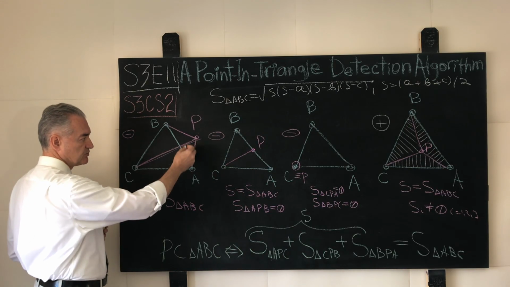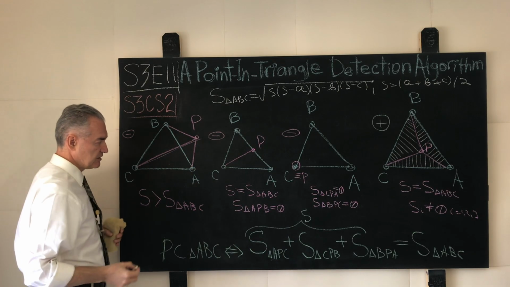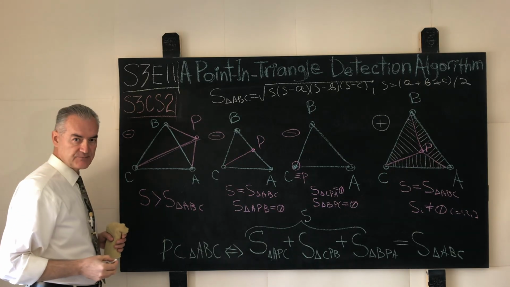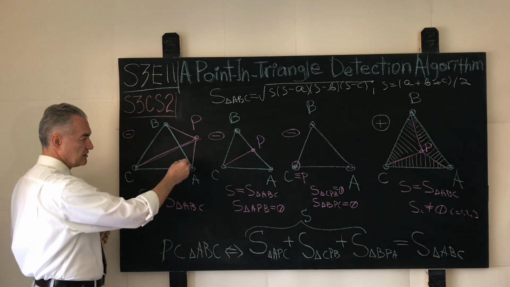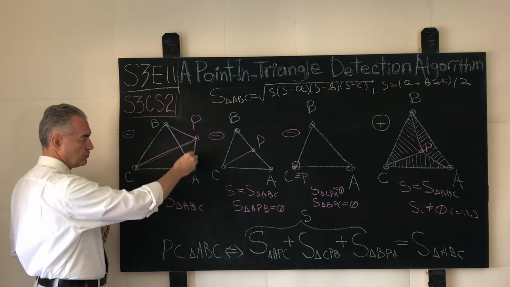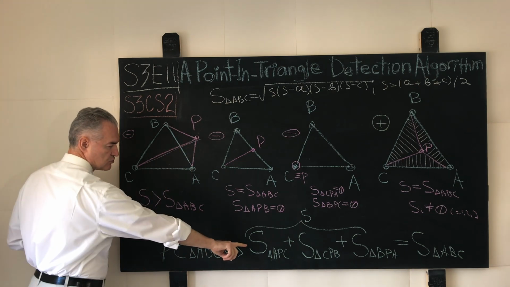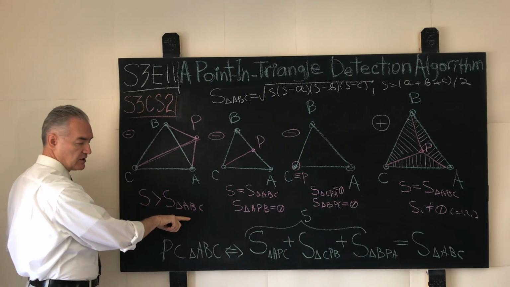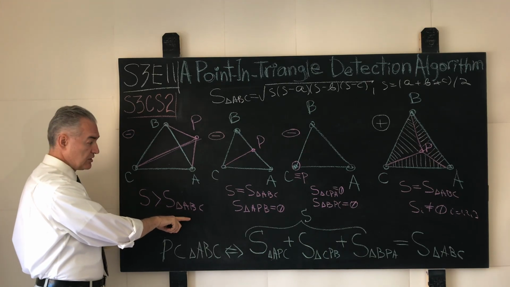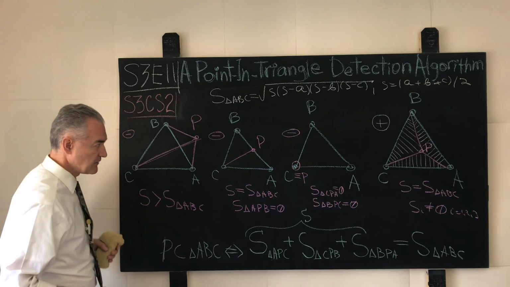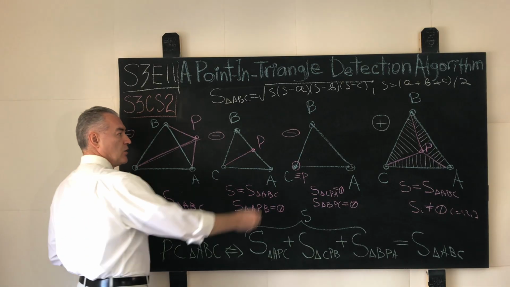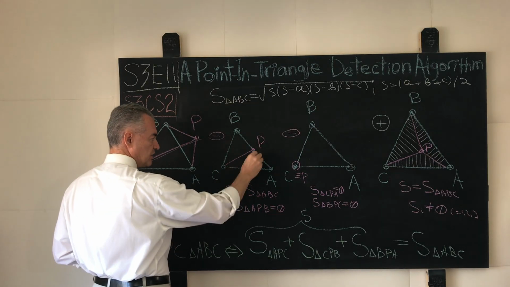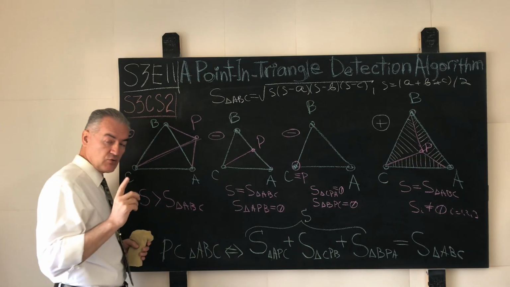Again, in this case we have a necessarily convex quadrilateral, and evidently the sum of the areas of all the triangles in question shown over here will be strictly larger than the area of the given triangle ABC. Next, we'll consider the case when the given point P is located on any one side of the given triangle.